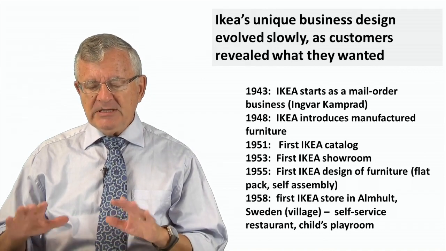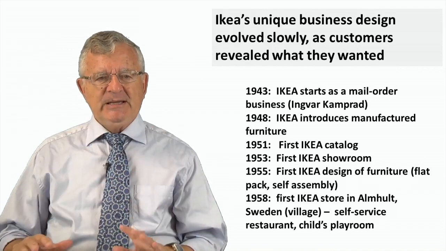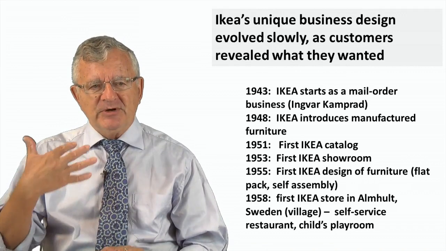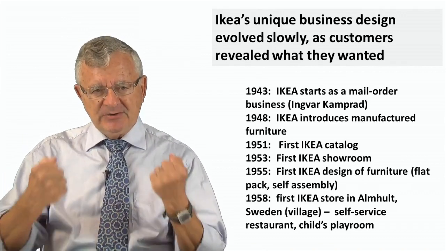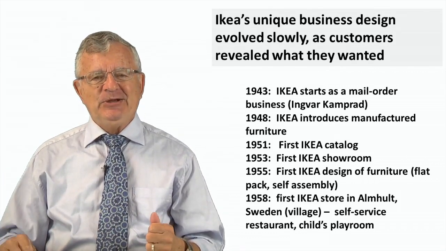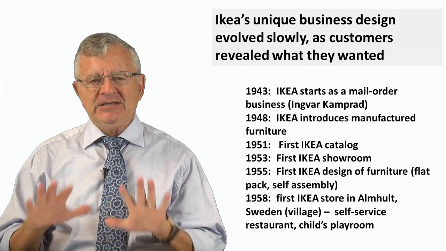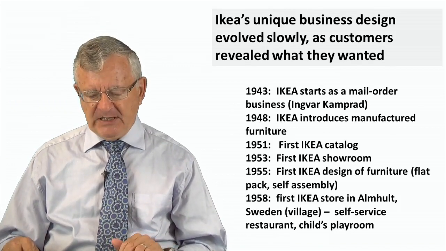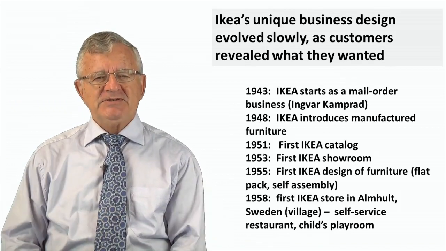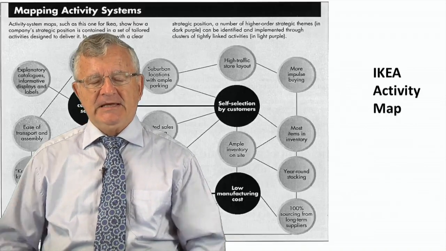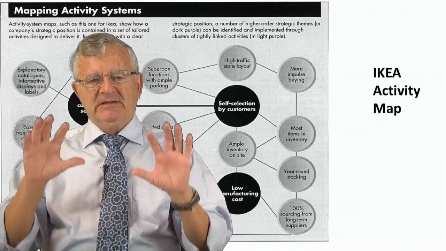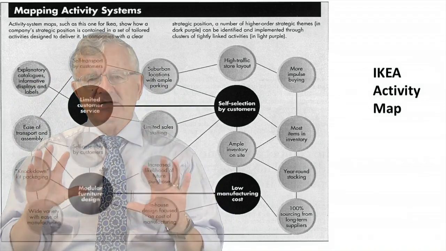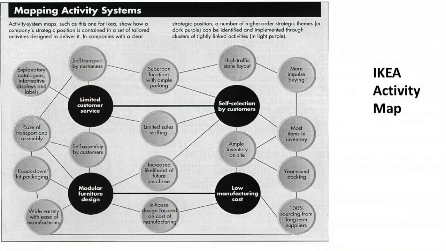So how can we picture visually the value-creating operations, the activities, the work that has to be done in order to create an IKEA value profile? This is Porter's Activity Systems map. It has 4 black circles, 4 key things that IKEA does that create unique value.